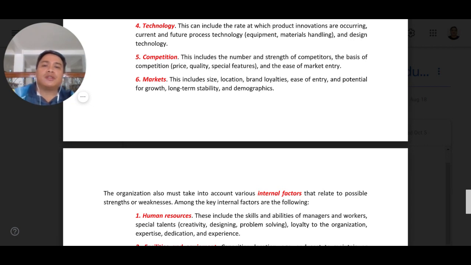Okay. Yung demographics naman, yung demographics in terms of, sino yung mga customers mo, are your customers children, adult, teens? Okay, yung availability of your customers, or what we call markets.